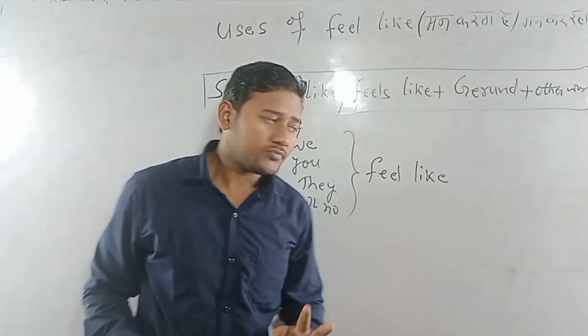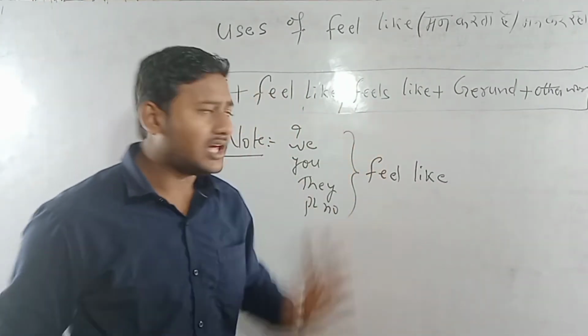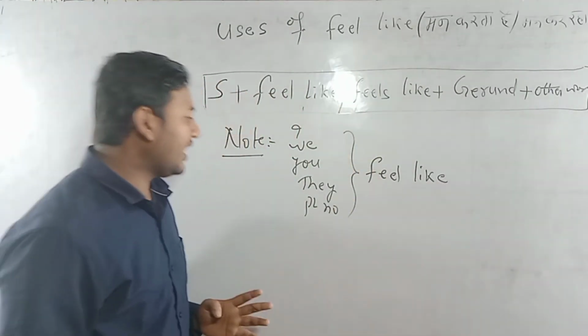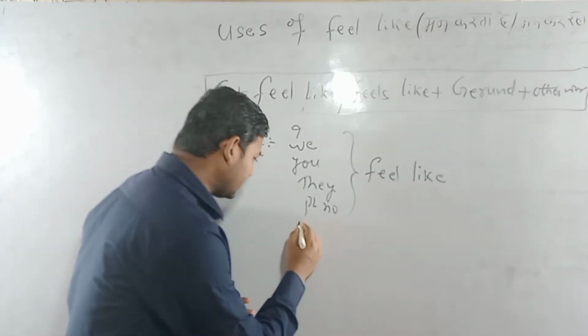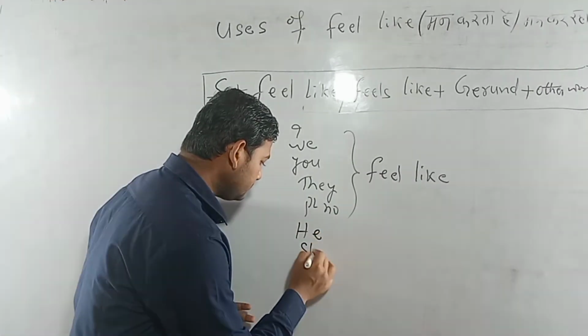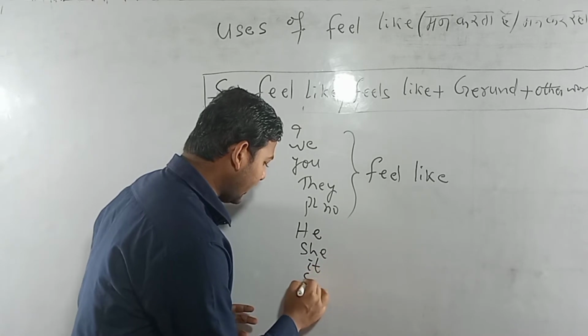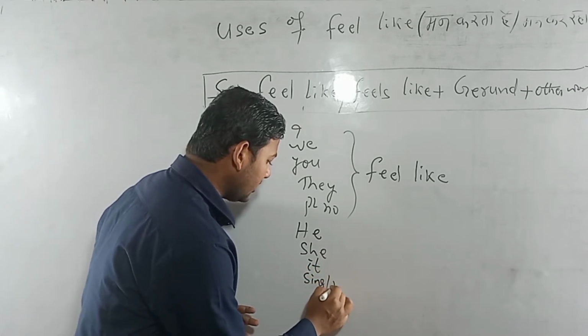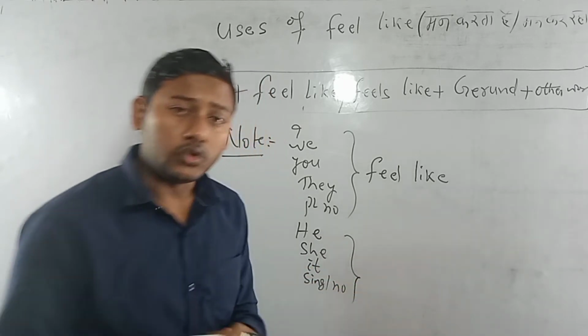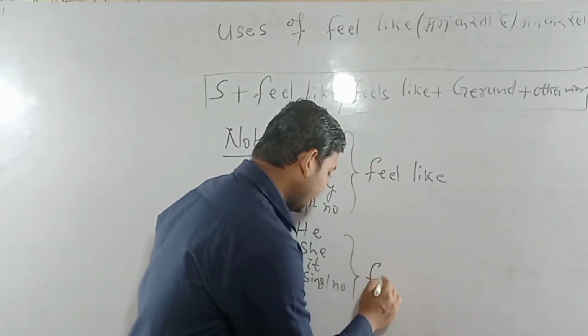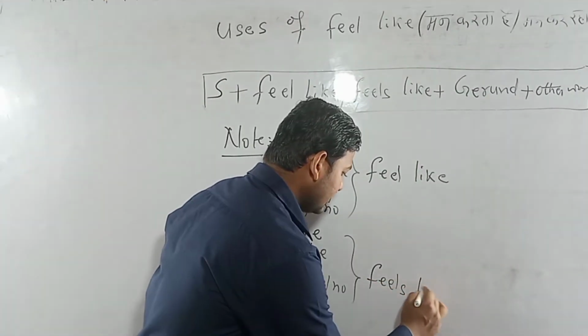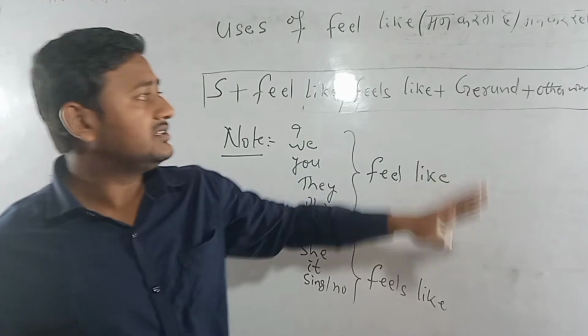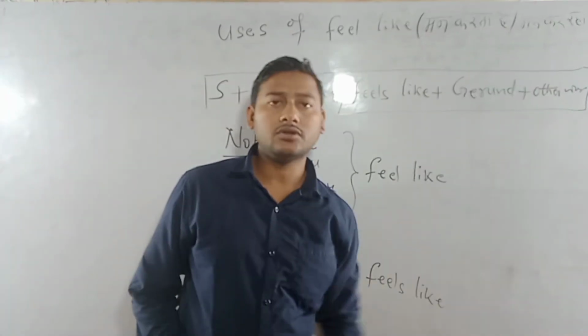It's a clear? And now the other is feels like. Then we can use when the subject is he, she, it or and any singular number, then we use here feels like. Feels like and apply this all gerund and other word.